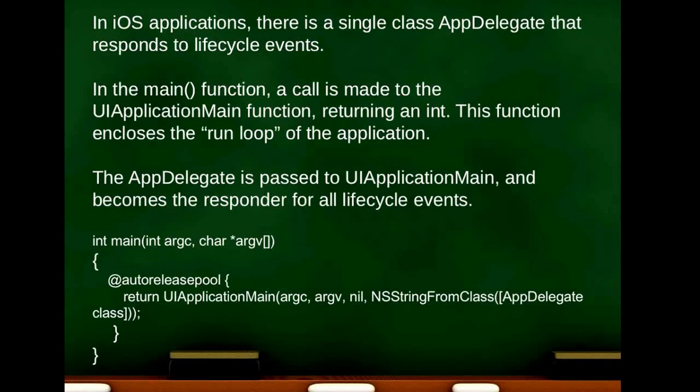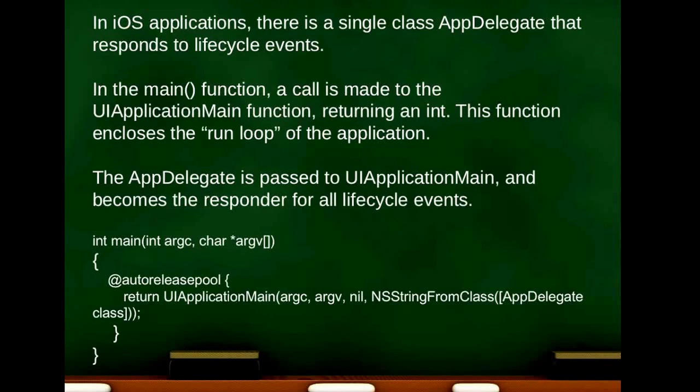These are what we call lifecycle events that the AppDelegate class responds to. So how does all this happen? Well, it's very simple. In the main function, a call is made to UIApplicationMain. This is a C function that returns an int. And then the main function just returns the integer that it gets back from UIApplicationMain.